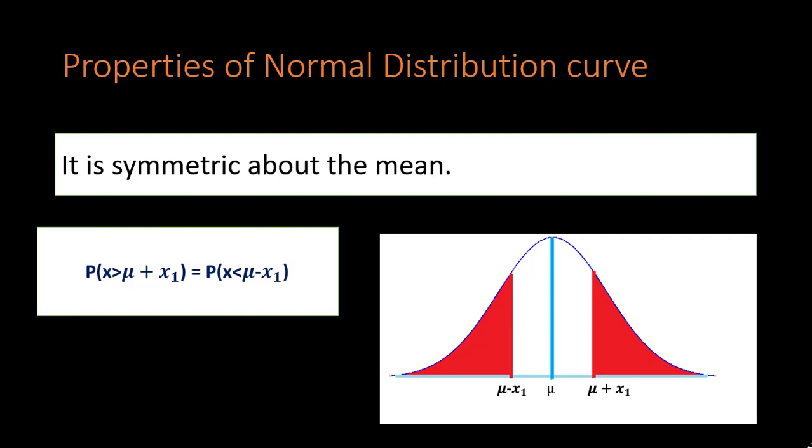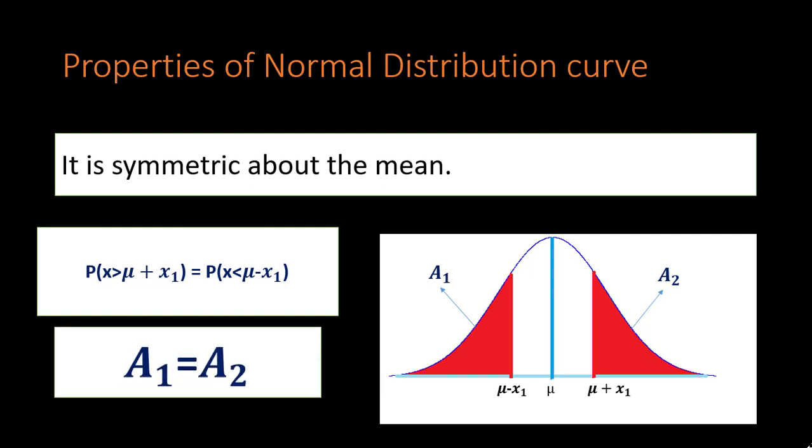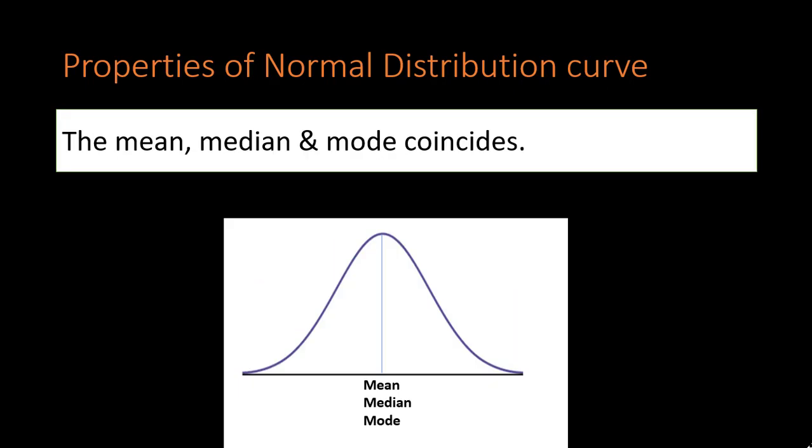That is, the probability of the random variable greater than mu plus x1 is equal to the probability of the random variable less than mu minus x1. Now, since in case of a continuous distribution the probability is nothing but the area of the curve, A1 is equal to A2. Now the mean, median, and mode of the normal distribution curve are the same since it is symmetric in nature.